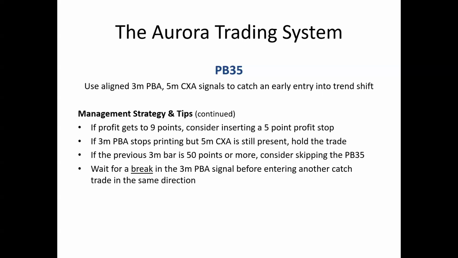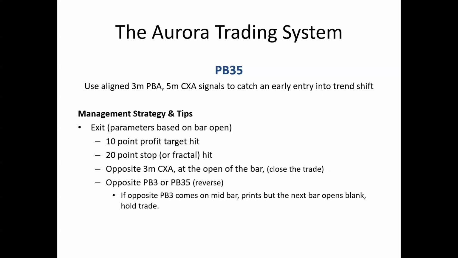Now, to be fully transparent, when we are tracking trades in our database, we do not track the locking of 5 points. We either hit 10 or we hit a 20-point stop out, or we see a reversal. So basically, when we're tracking, these are the rules that we're following.